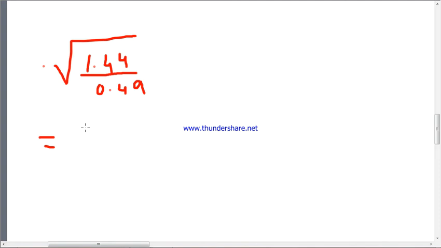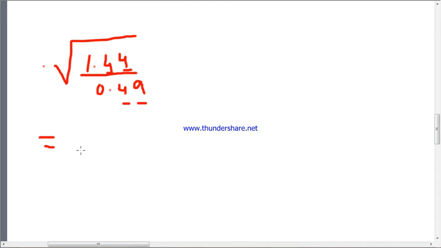As you already know, 144 is a perfect square, 49 is a perfect square. So your objective should be getting rid of the decimal number. Now if you also notice one more thing, the number of places after the decimal is 2 in the numerator and in the denominator also.